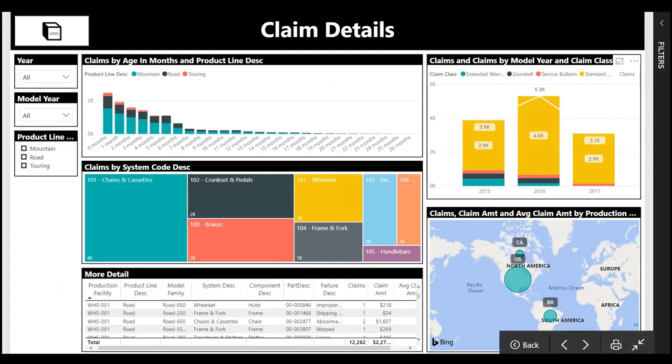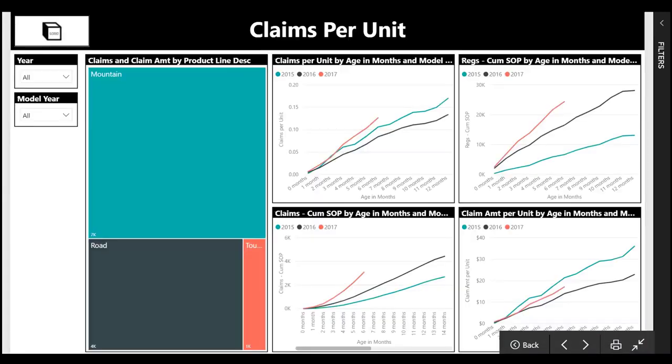We can obviously also look at what were the claims per unit. So the interesting piece here is for every particular individual unit that makes up a product, we can also track down claims for that.